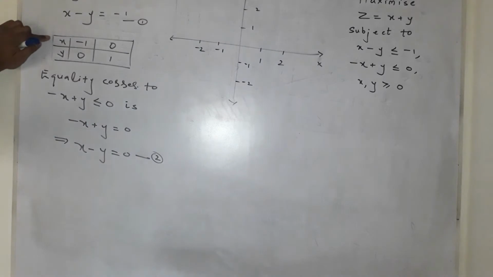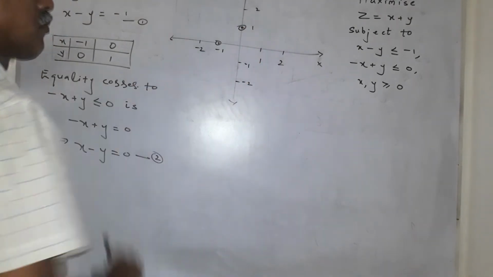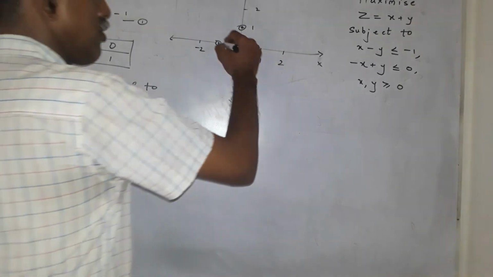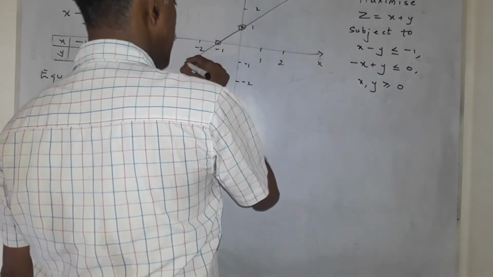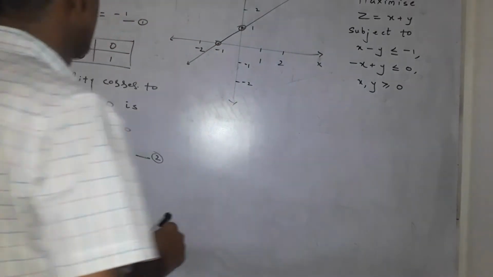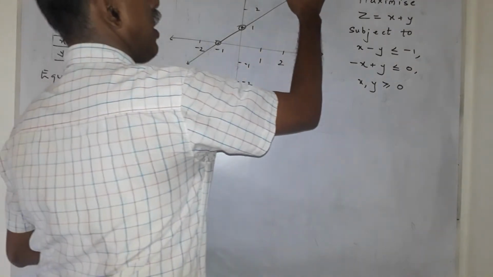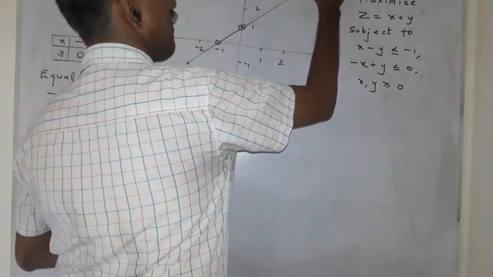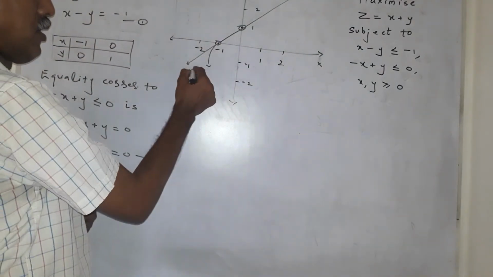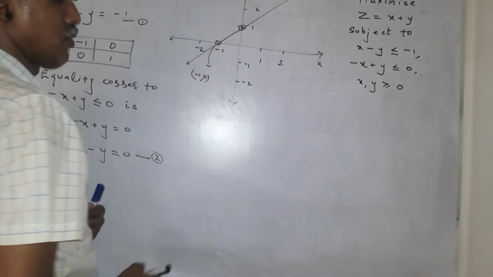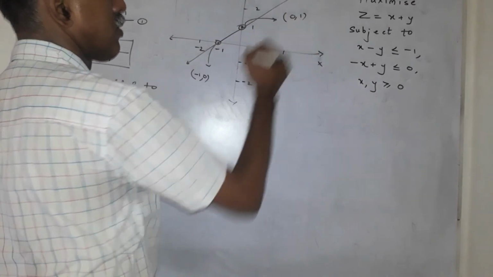So for this one, the x-intercept is minus 1 and the y-intercept is plus 1. So we join these 2 points, so we get the line. So this is the line, x minus y is equal to minus 1. We are talking about the inequality x minus y less than or equal to minus 1. This point is minus 1 comma 0 and this point is 0 comma 1.